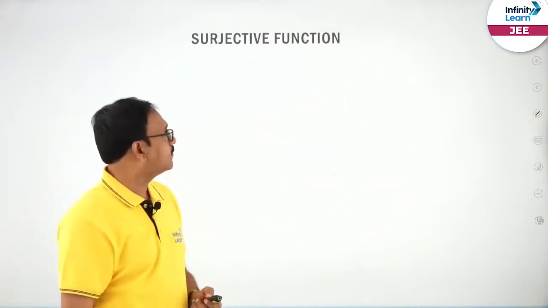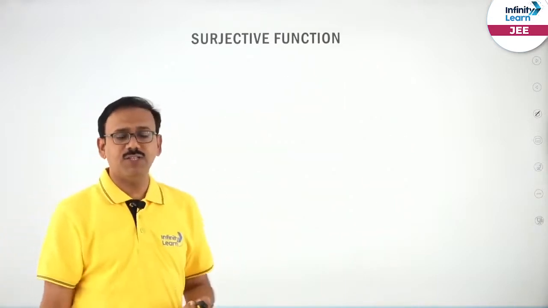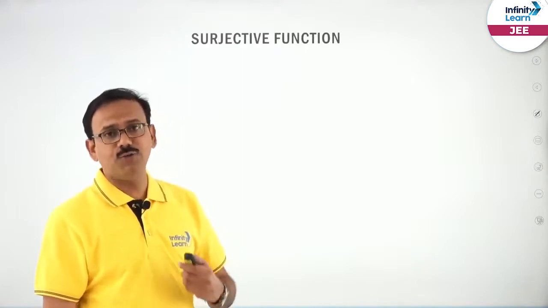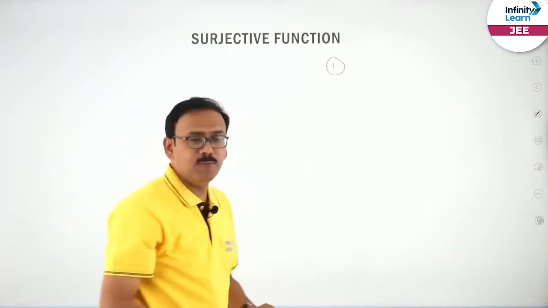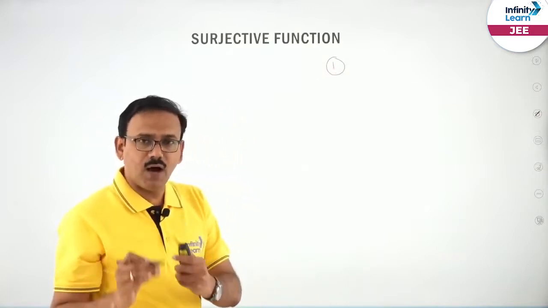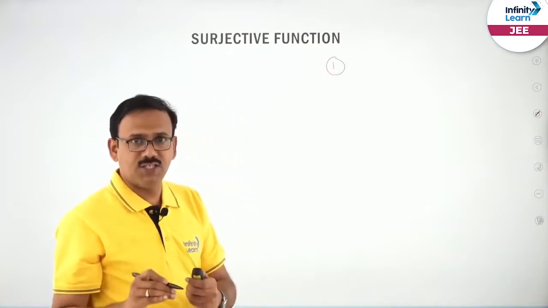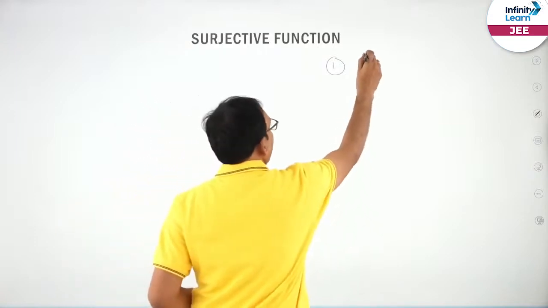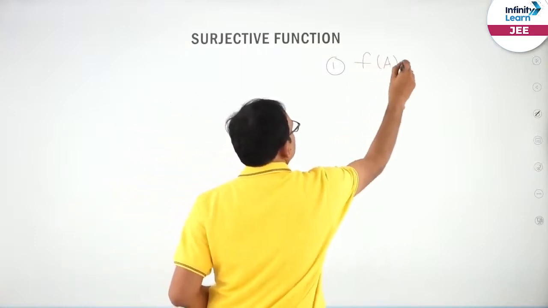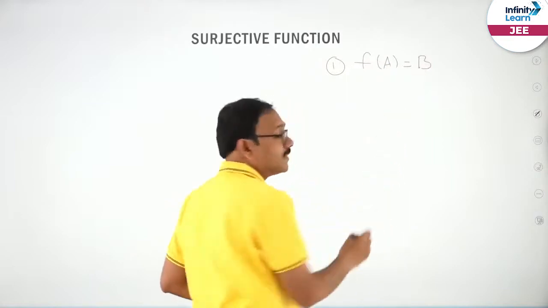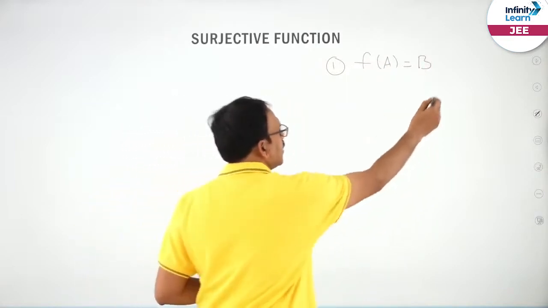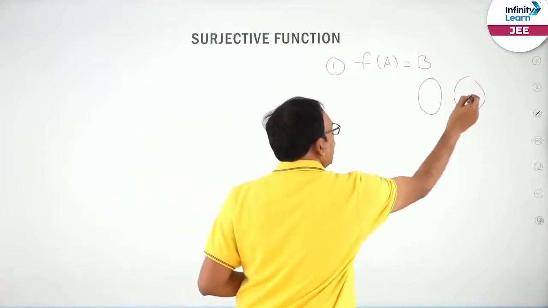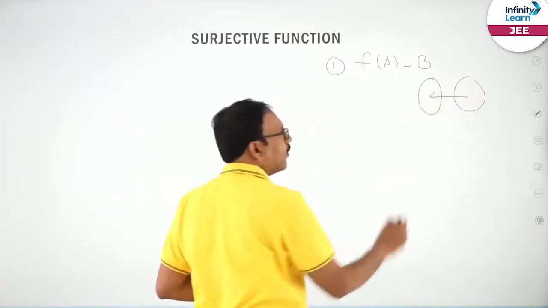The next, surjective function, or what we call onto function. You see friends, a function f from A to B is said to be onto or surjective if the range of that function is the same as the codomain. That means every element of the codomain must have a pre-image.